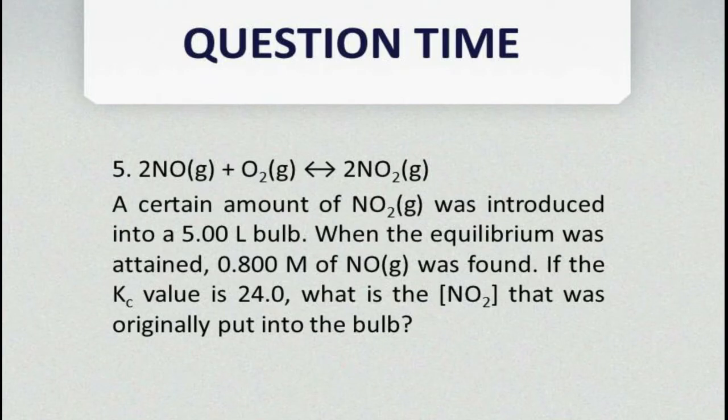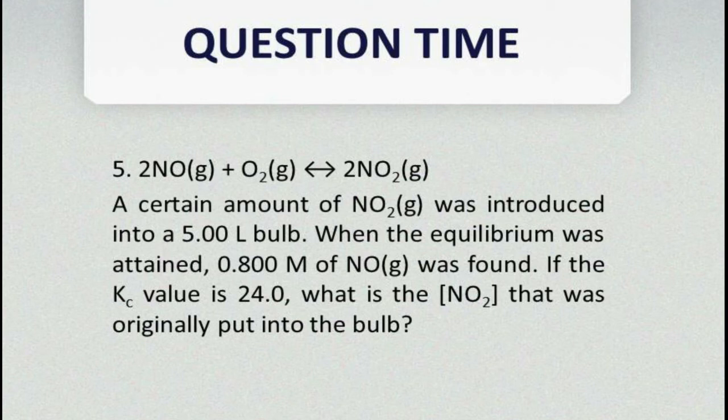The equation given is NO plus O2 giving you NO2. A certain amount of the NO2 was introduced into a 5.00 liter bulb.